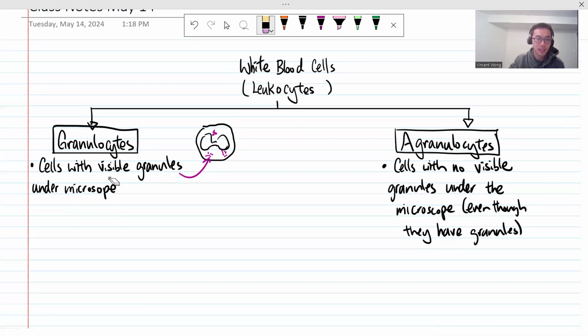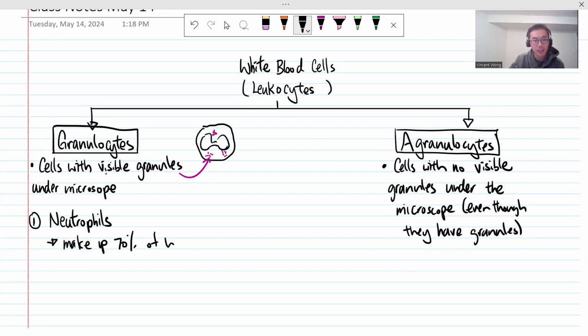Now, let's take a look at some examples of granulocytes. Number one, it's called neutrophils. Neutrophils make up 70% of your white blood cells. Now remember, you don't have a lot of white cells, right? Anybody remember the percentage that I showed you earlier today?